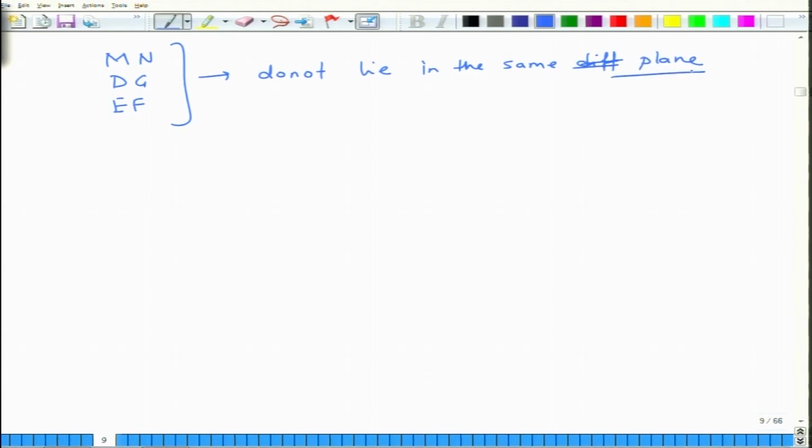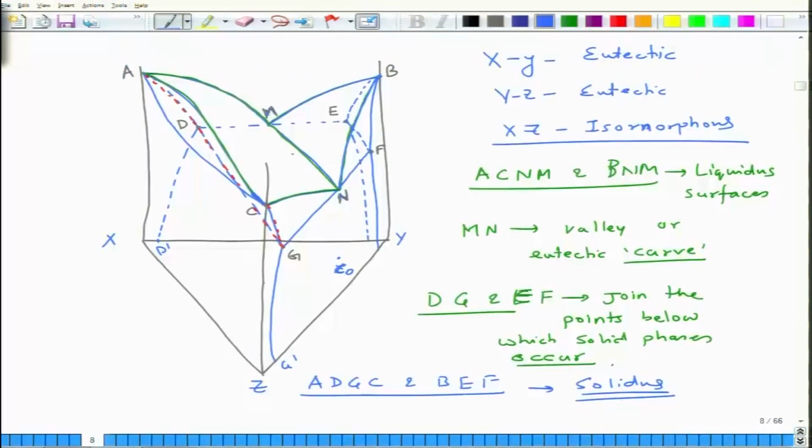The curve MN in this case lies above the surface DEFG, and this DEFG is the surface which separates the solid region from the two-phase region. So MN lies above this.